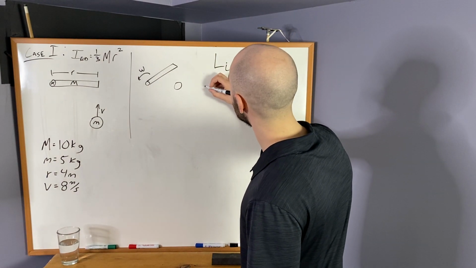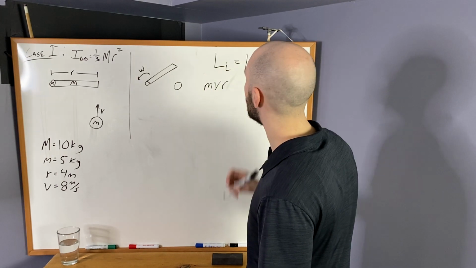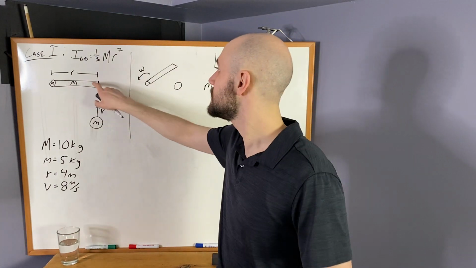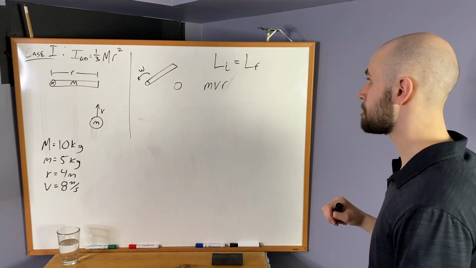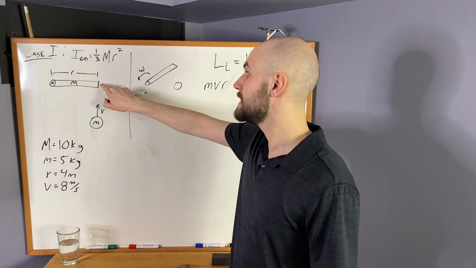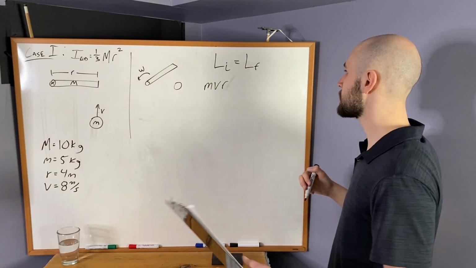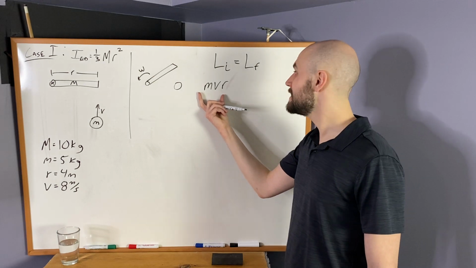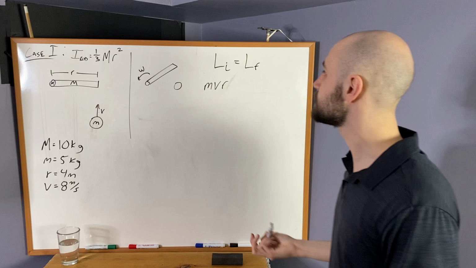And that's going to be mvr. Again, that r is the distance of closest approach. When it's here, you don't have to worry about any kind of sine thetas or anything like that. Another way to look at it is when it's right here at the rod, sine of theta is just 90 degrees, so it drops out. Okay, now we don't have to worry about the angular momentum of the rod. All of the angular momentum initially is manifested here in the ball.